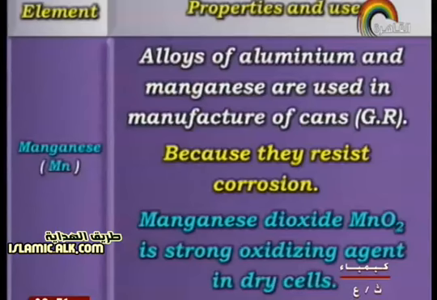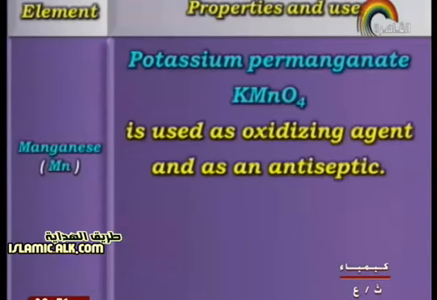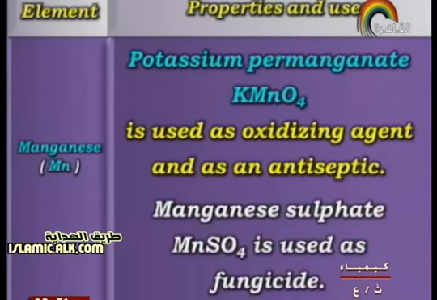Another manganese compound used as an oxidizing agent is potassium permanganate, KMnO4, which is also used as an antiseptic for washing vegetables and fruits. Another use for a manganese compound is manganese sulfate, which is used as a fungicide.